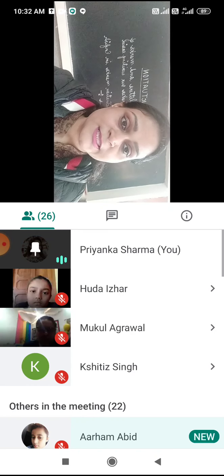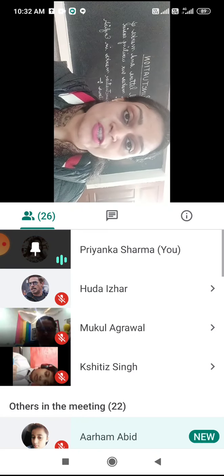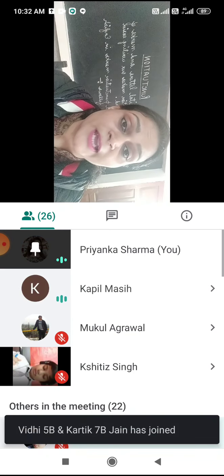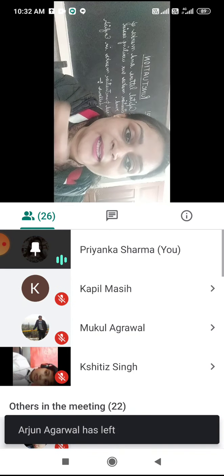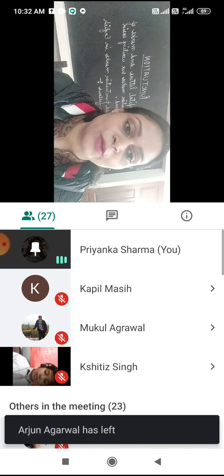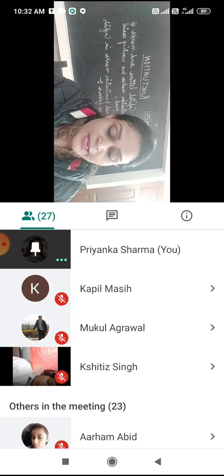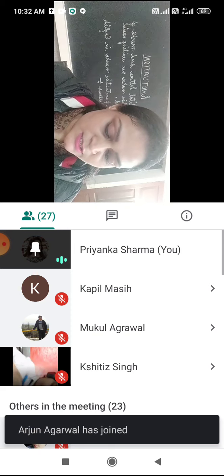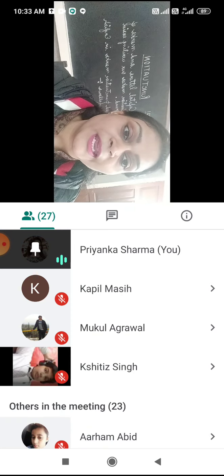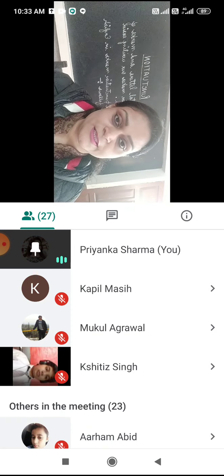Capital letters and marks of punctuation make our writing easier. Underline this line. This is the definition that you have to write. Capital letters and marks of punctuation make our reading easier.